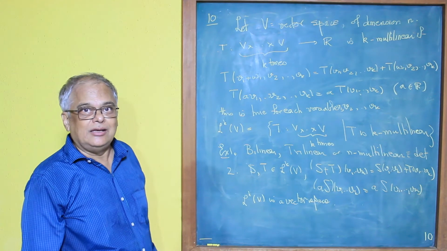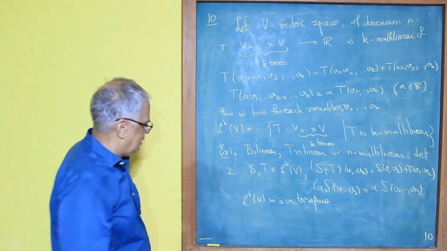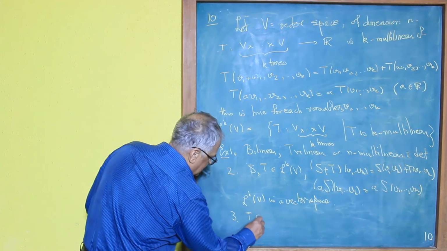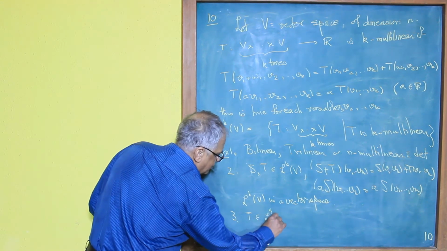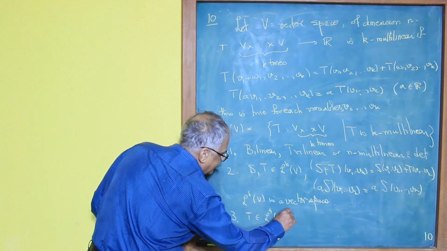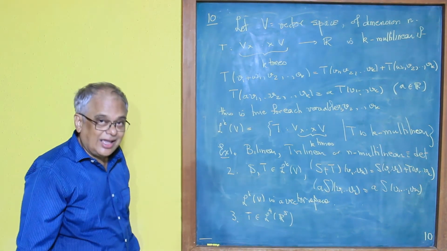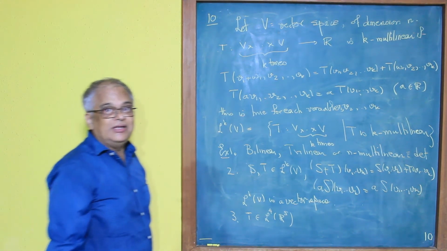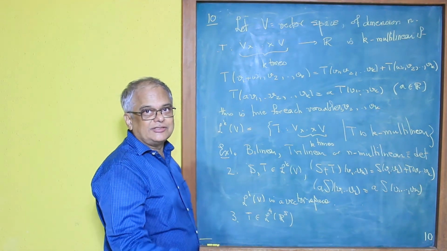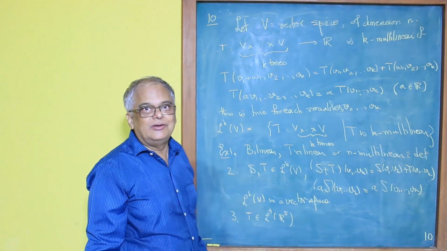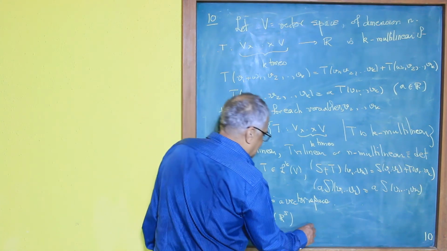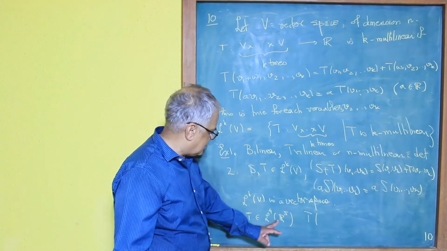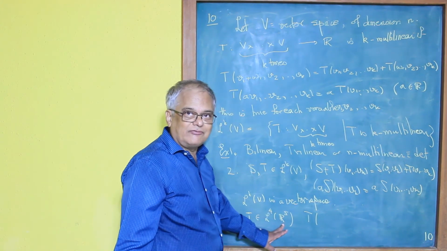Okay? If you want to think about an example which is not one of the examples you've seen, bilinear maps or trilinear maps or determinant, you should be able to show that, defining T in L^4 of R5, so T is a 4-multilinear map on R5. That means it's a map from R5 cross R5 cross R5 cross R5 to R. So I have to give you 4 vectors in R5.